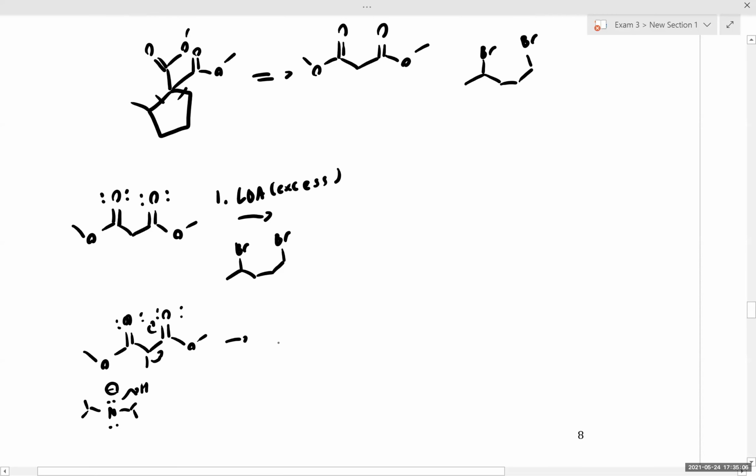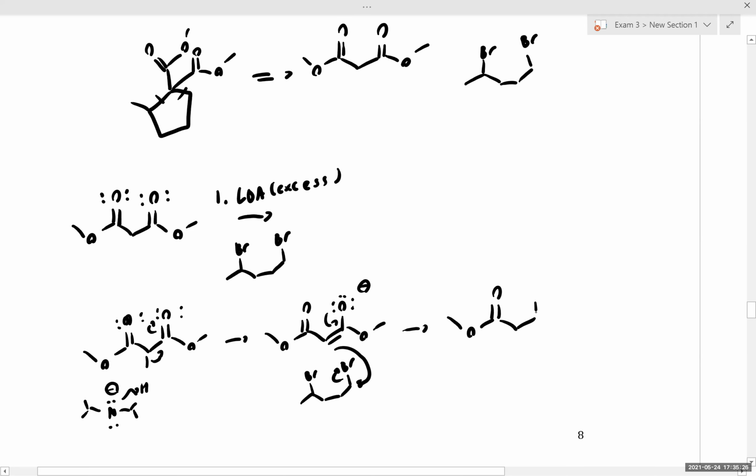From here, the malonic ester derived enolate will serve as our nucleophile, and it will attack our electrophilic carbon of our dihalide. That in turn generates our alkylated product.